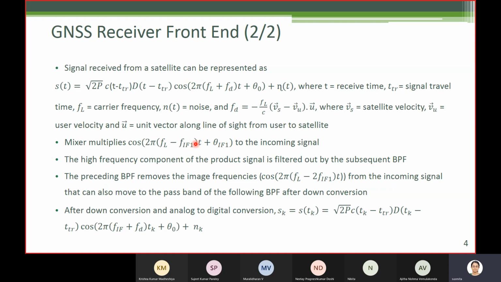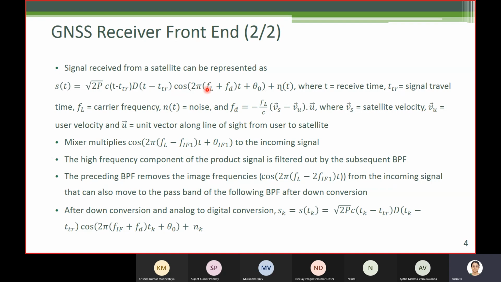One will be cos A plus B, another will be cos A minus B. So let's consider the first term, cos A plus B. We have 2 pi FL, which is of the order of a few gigahertz, and it will be multiplied by 2 because we are adding these two terms. And then FD will come, minus FIF1 will come. So the cos A plus B term will give a frequency twice the carrier frequency.